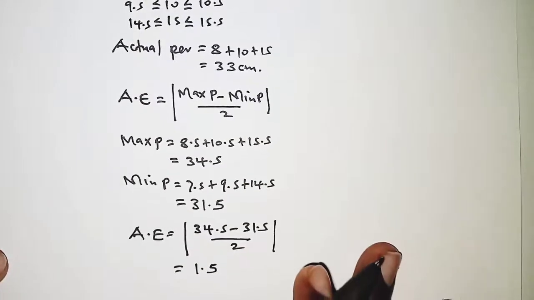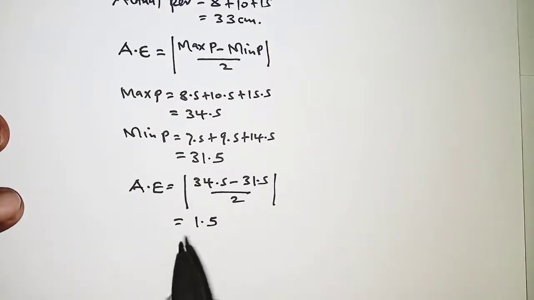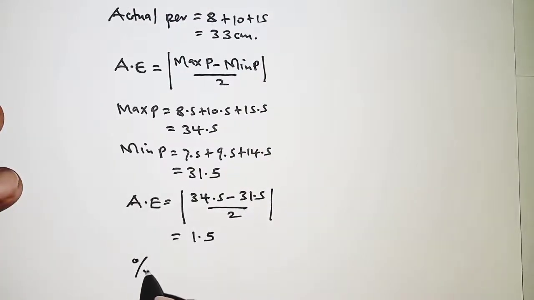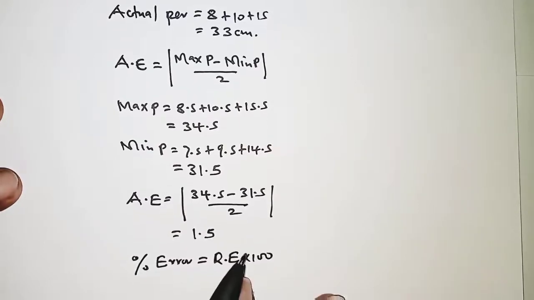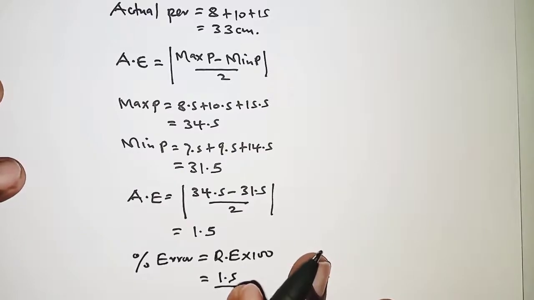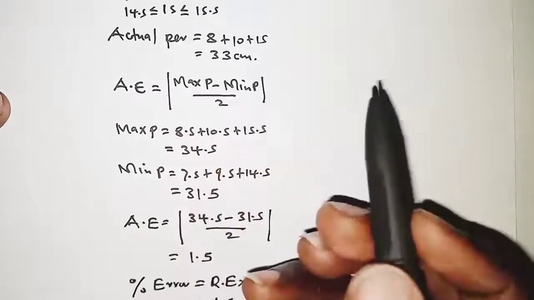From there, we'll now get the percentage error. Percentage error is equal to relative error multiplied by 100, and the relative error is equal to absolute error, which is 1.5, over the actual perimeter, and the actual perimeter we had obtained as 33 centimeters.